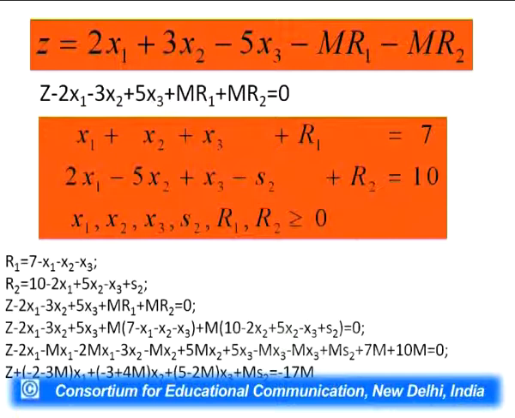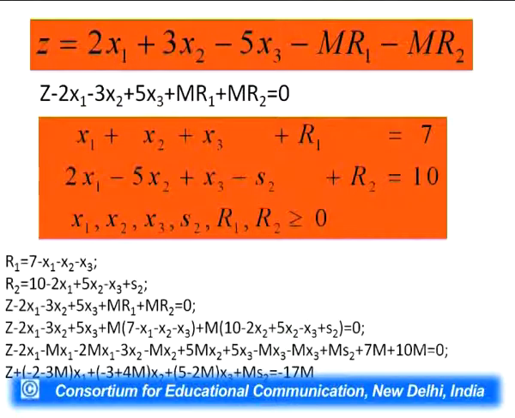In the second equation we have a surplus variable in the form of S2: 2x1 minus 5x2 plus x3 minus s2 plus r2 is equal to 10. Simply we have to take all the terms on the right hand side except r2 so that we get the value of r2.